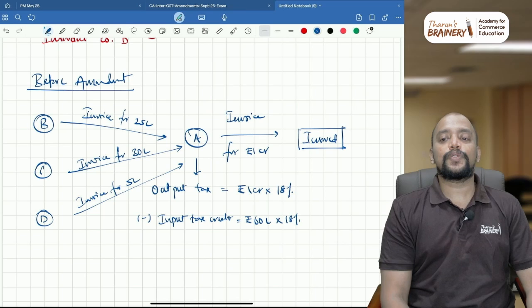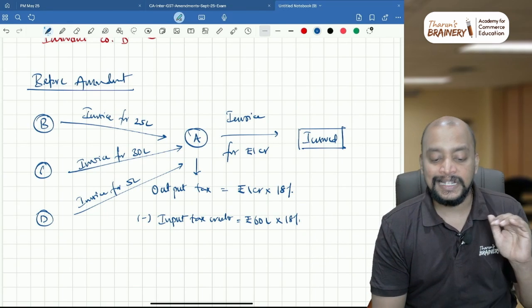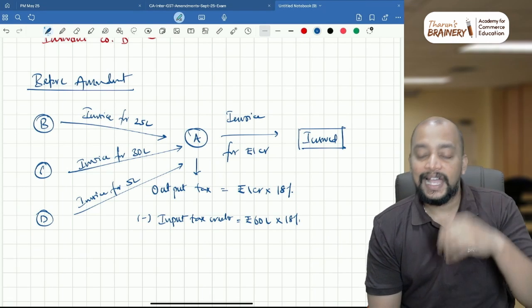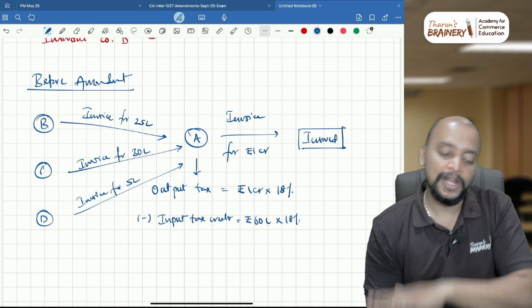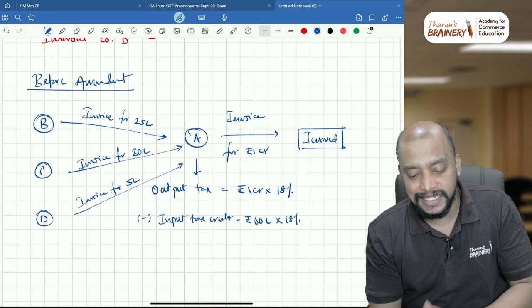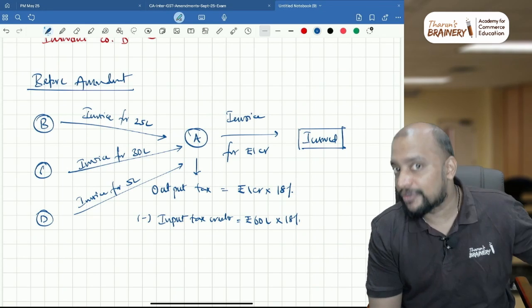So the net amount is what they will be paying as GST. B will pay GST on 25 lakhs, C will pay GST on 30 lakhs, D will pay GST on 5 lakhs, and A will pay GST on 1 crore. And whatever GST B, C, D paid, A will be able to take ITC and adjust against the GST liability. This was the position before the amendment.